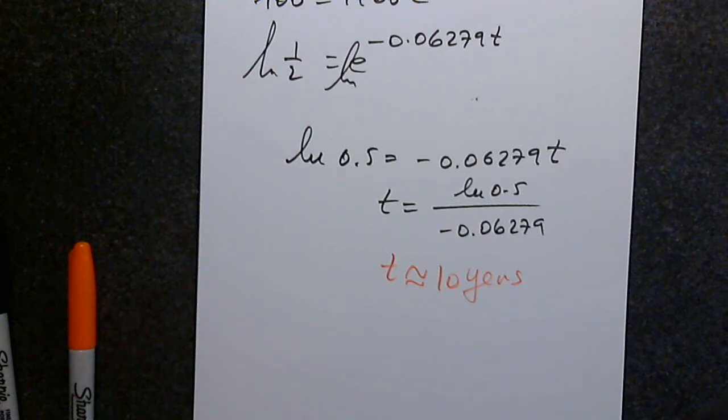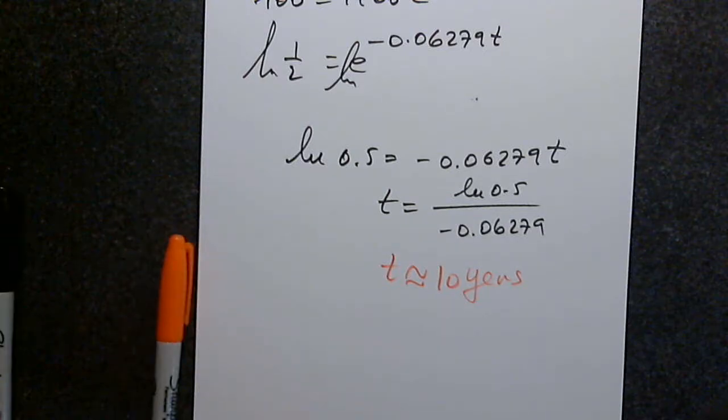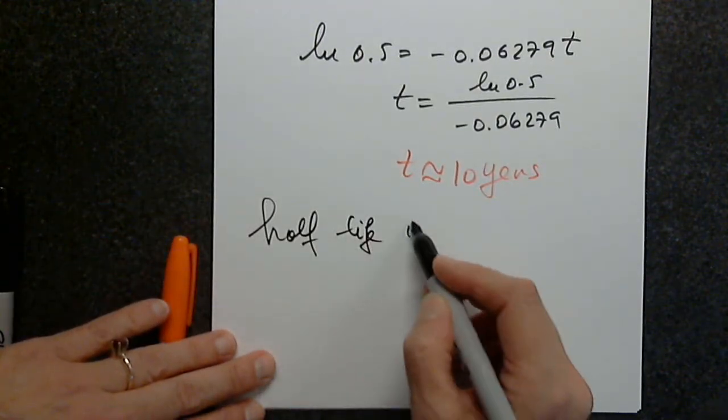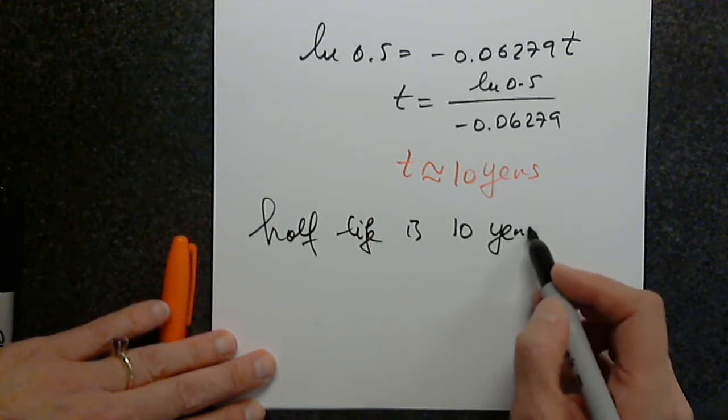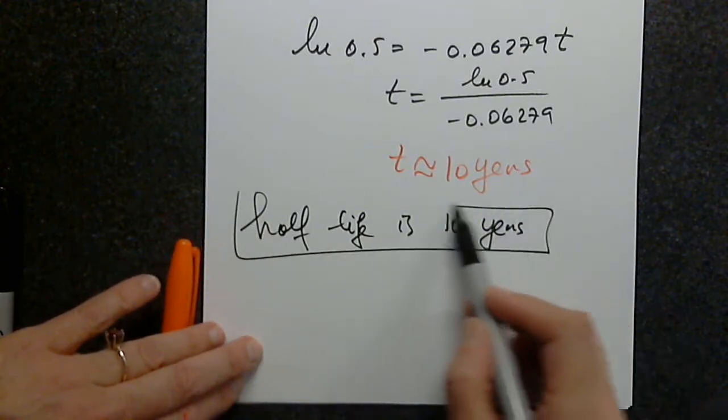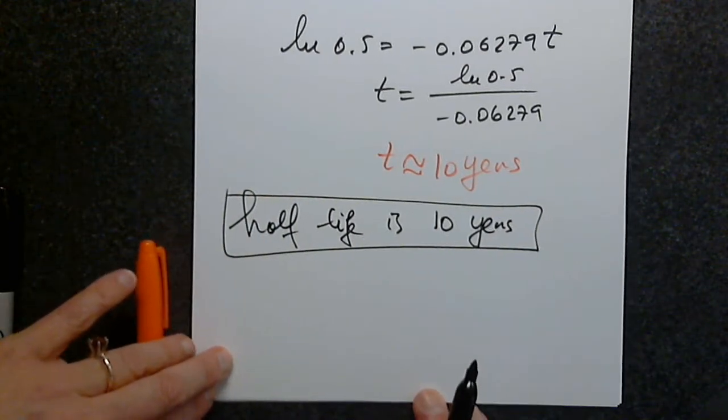In 10 more years, 175. So this is what we call half-life. The half-life of this population is 10 years.